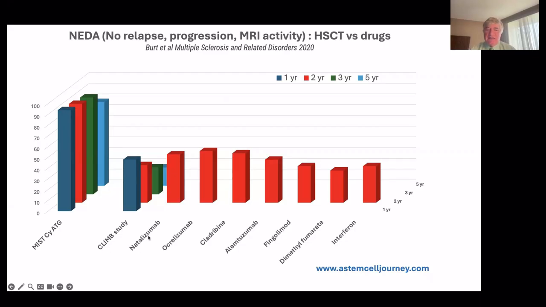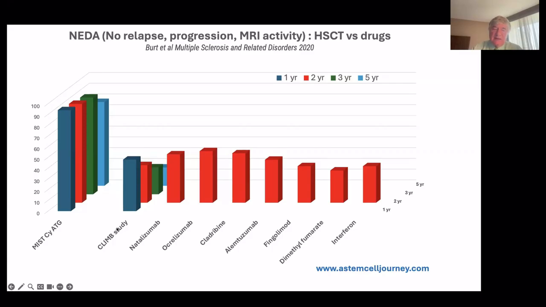The drugs, again, here's a bunch of drugs: natalizumab, which is Tysabri, ocrelizumab, Ocrevus, cladribine, alemtuzumab, Campath, Lemtrada, fingolimod, a whole bunch of drugs out here. And you can see drug companies just report to 2 years and stop. And they're about 30 to 40% no evidence of disease activity at 2 years. We're at 90%, and we show our data going out to 5 years.